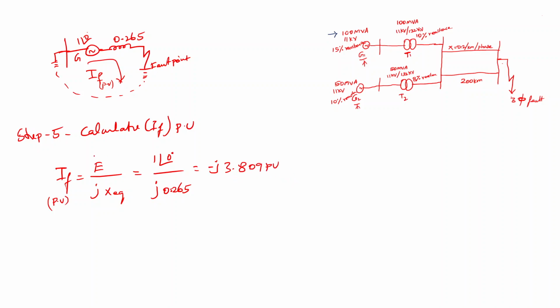So this is the IF per unit value. Per unit is okay, but what is our actual question? Do we need per unit or actual? They're asking for the actual value, so I'm going for step 6.